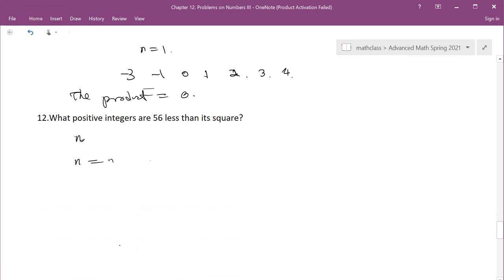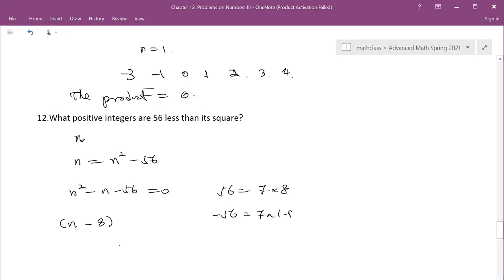N is going to be 56 less than its square. So you get the equation n squared minus n minus 56. Now it's better to factor it, okay? If you're able to factor it, since 56 is going to be 7 times 8, one of them should be negative because it's negative 56. So maybe I can try 7 times negative 8.